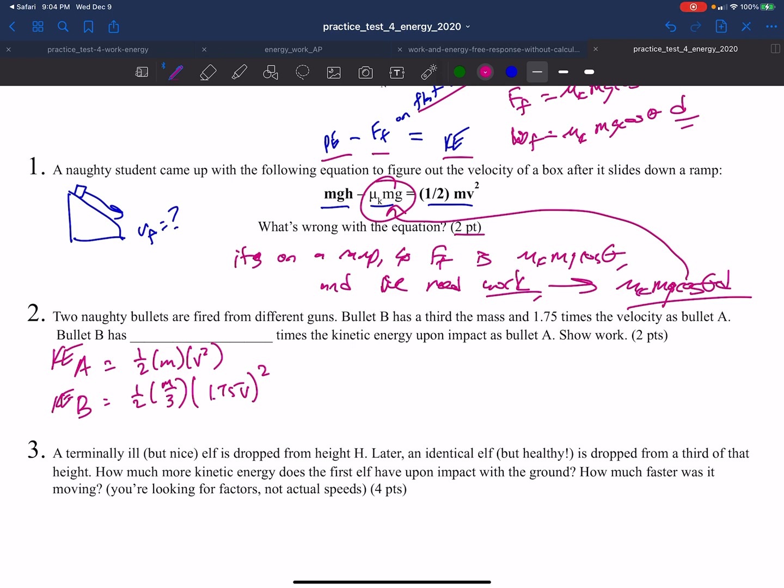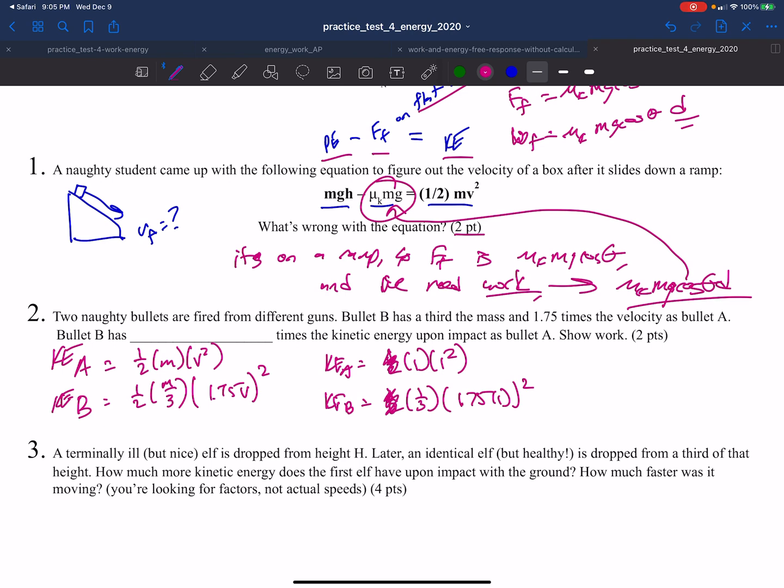So for example, the kinetic energy of A is just going to be 1/2 times 1 times 1 squared, because we don't know what the velocity is. The kinetic energy of B is just going to be 1/2 times 1/3 times 1.75 times 1 squared. You're comparing these two values, so the halves will cancel each other out.